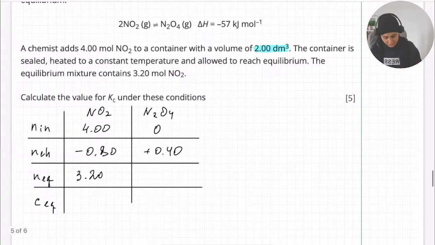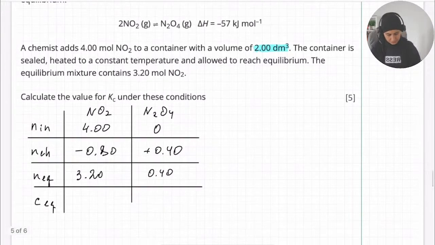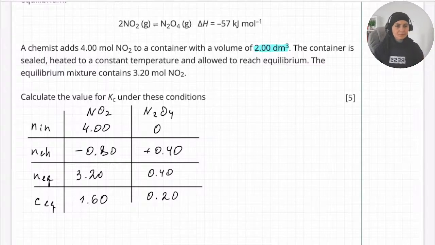And so at equilibrium we would have 0.4. And then the concentration. So I just do, again, moles over volume. So 3.2 divided by 2 is 1.6, and this one would be 0.20. Yes, and then we plug it into Kc.